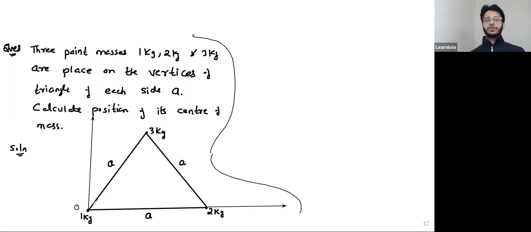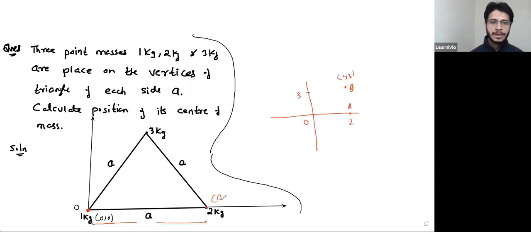If 1 kg is the origin, the coordinates of 1 kg are 0, 0, and for 2 kg they are a, 0. Zania, what is the x coordinate of 3 kg? Just tell me the x coordinate. If this is 3 kg, I am dropping a perpendicular here. This is the x coordinate.